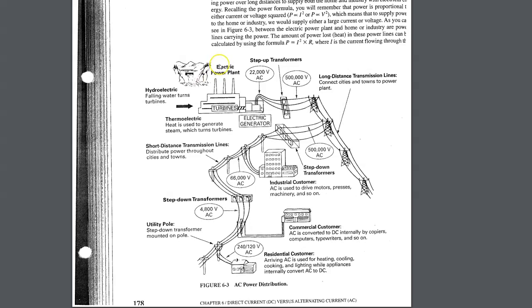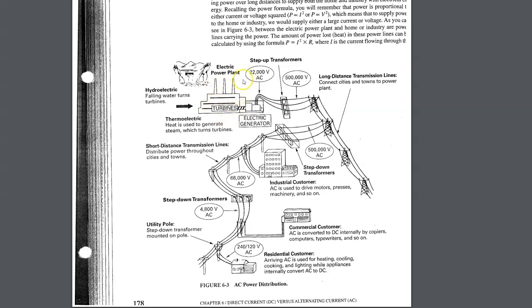But what I want to show you here is we talked about a device called a transformer, and you can see here that we take the energy from the rotating turbine, which starts here as potential energy. The water falls over the dam, spins the blades, and that potential energy is turned into kinetic energy, and then the kinetic energy from the rotating shaft is converted to electrical energy.